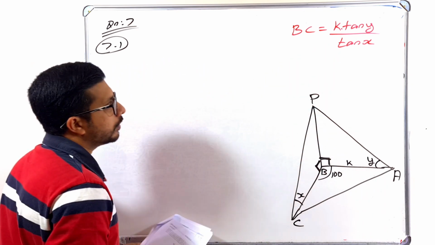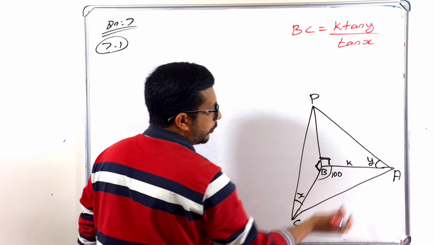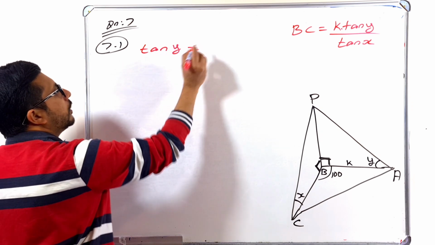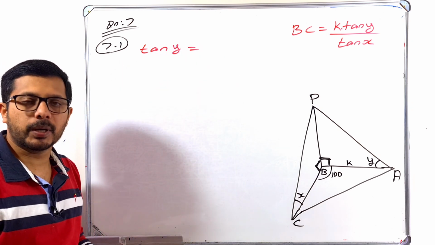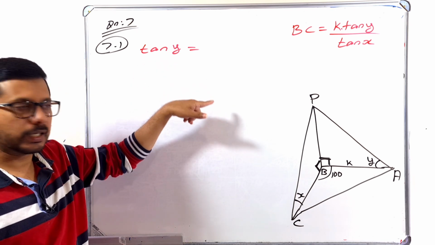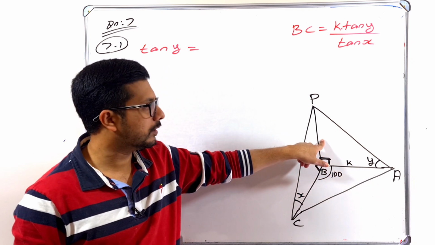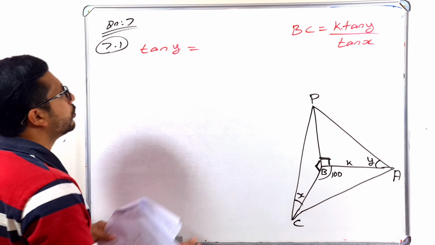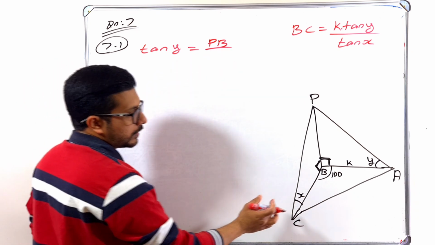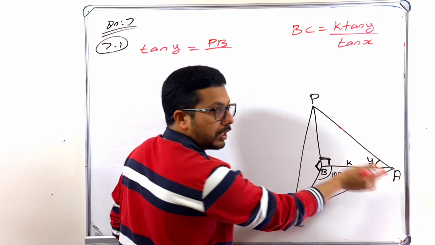So what about this tan Y, and K is here. What is tan Y? Tan means opposite side by adjacent side. That is the definition of tan. Here, what is the opposite side of this angle? That is PB. This is the opposite side, and this is 90 degrees, so this one is the hypotenuse.